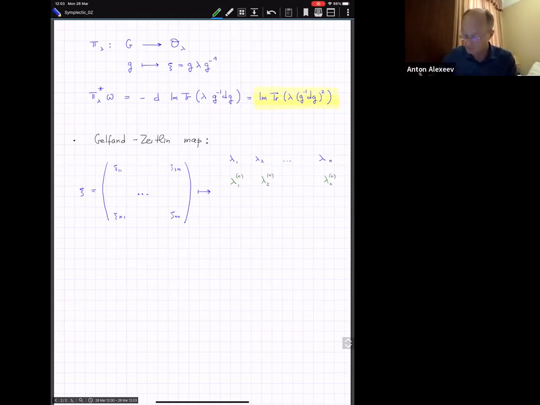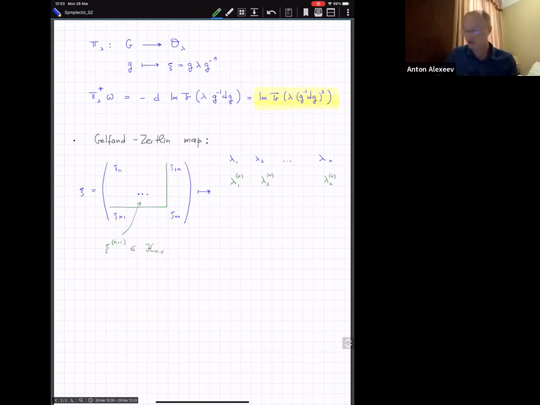And then what we do, we cut the upper left corner. Sometimes one cuts the down right corner, doesn't matter, but let's fix the upper left corner. So this is again a Hermitian matrix. Let me call it psi n minus 1.